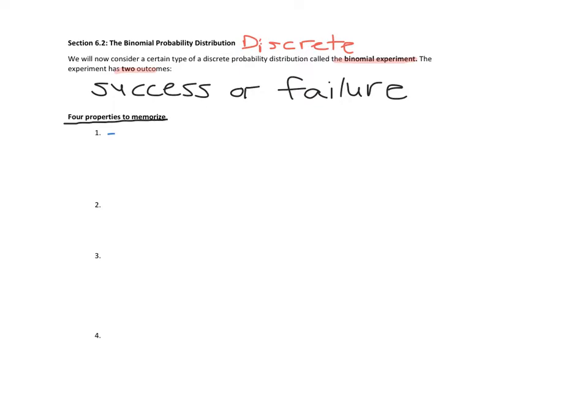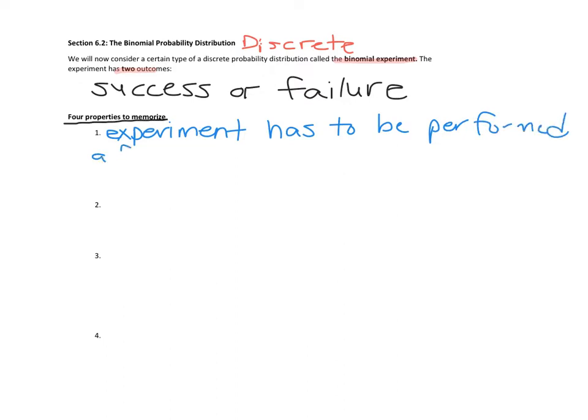So the first thing is that our experiment has to be performed a fixed amount of times. Like 5 coin flips, for instance, or roll the die 7 times.